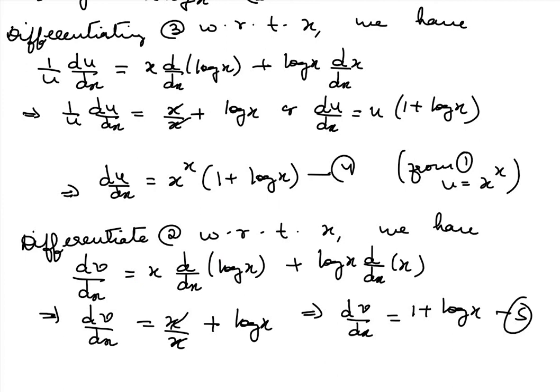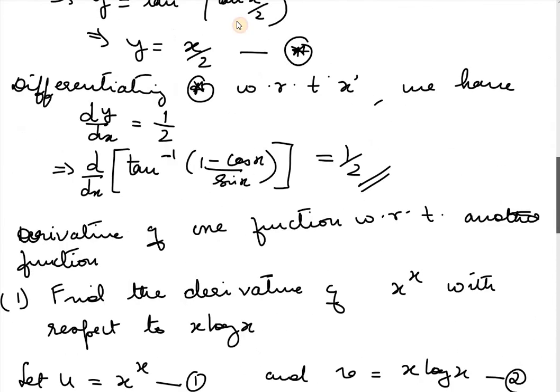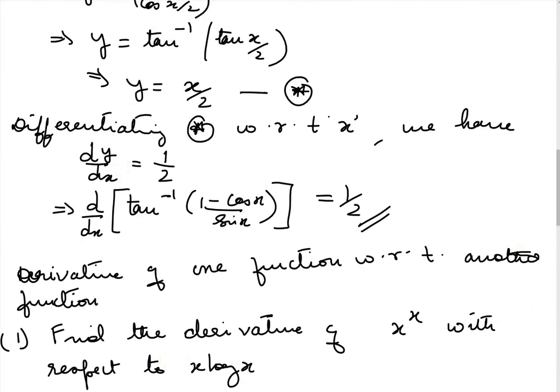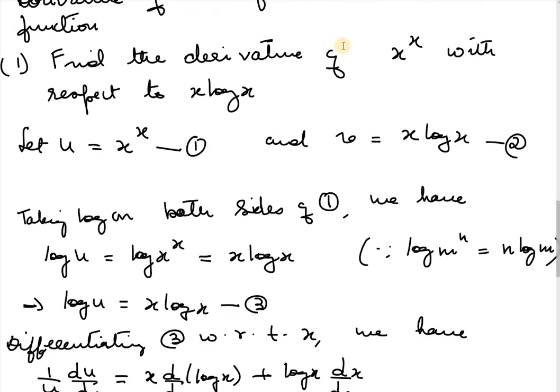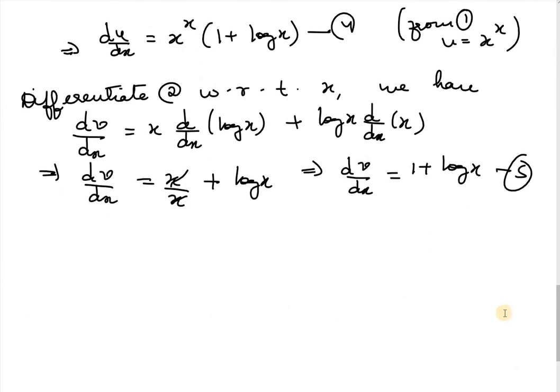But our aim here is to differentiate the given function, x to the power x with respect to x log x, by taking u to be this one, v to be this one. That means you have to differentiate u with respect to v, so you have to find du dv. So therefore, du dv is equal to what? It is du dx divided by dv dx.